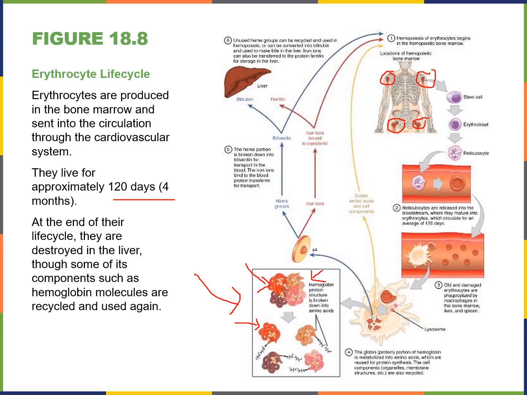And it's actually a really beautiful process. The liver is involved, which is why the liver is shown here. Now, I'm not saying that you have to memorize this diagram. I would say you don't have to, but try to understand and appreciate what the diagram is trying to tell you. So at the end of the life cycle, they are destroyed in the liver, though some of the components, such as hemoglobin molecules, are recycled and used again.